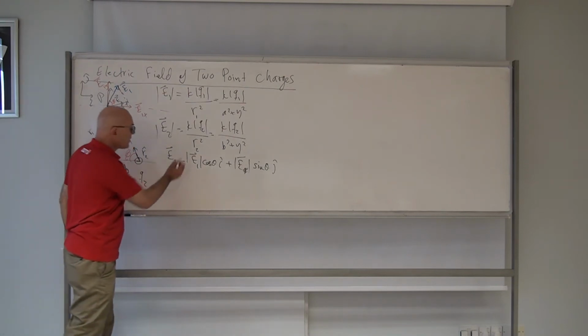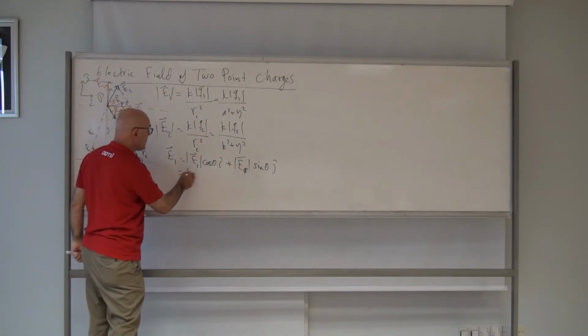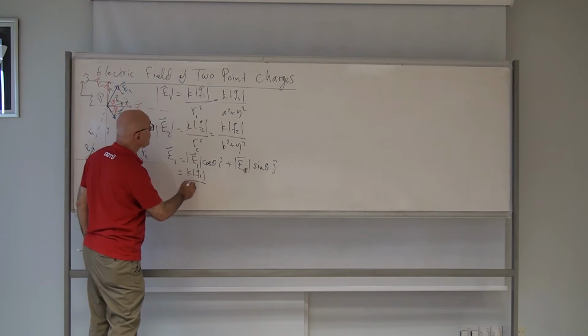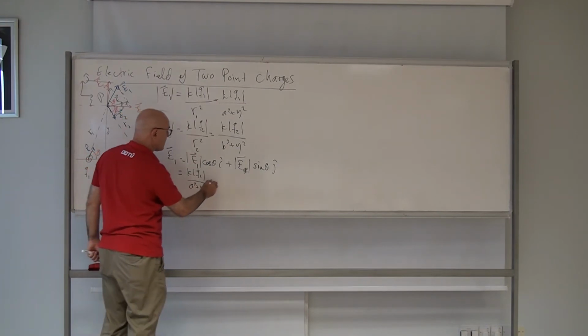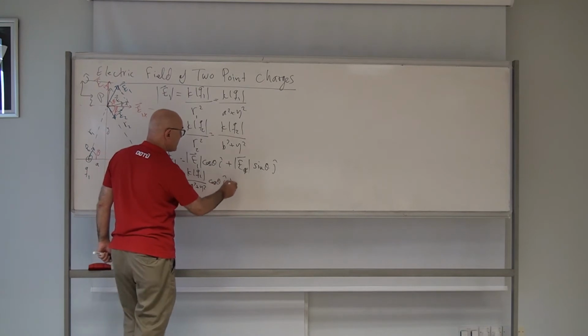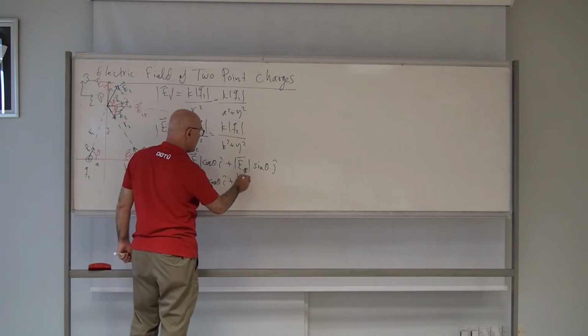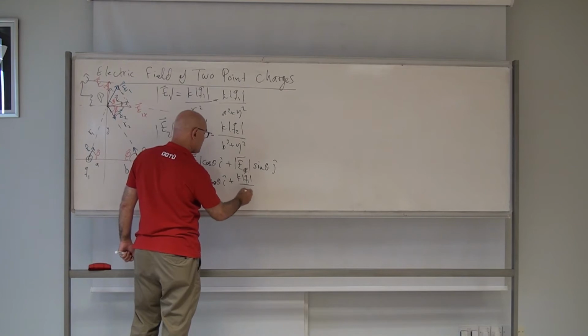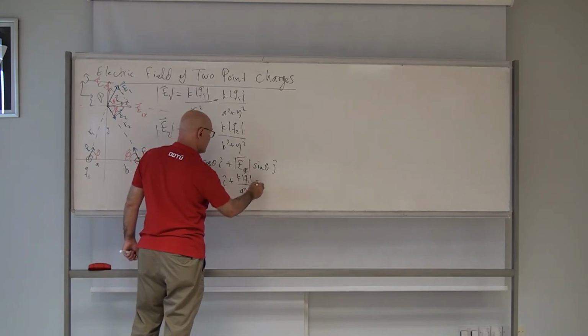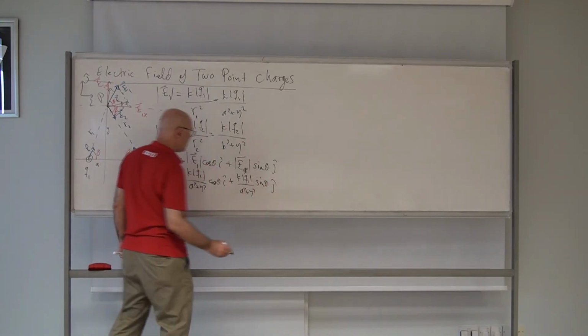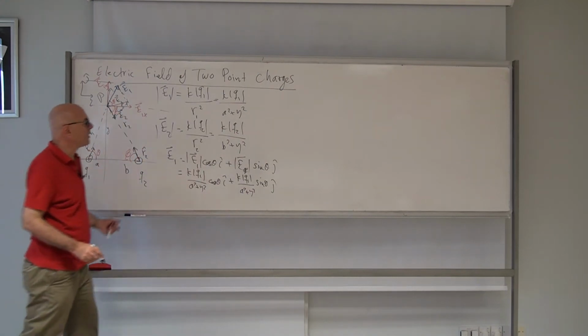So what remains is just to substitute: k Q1 over a squared plus y squared cosine theta i hat plus k Q1 over a squared plus y squared sine theta j hat. This is E1.